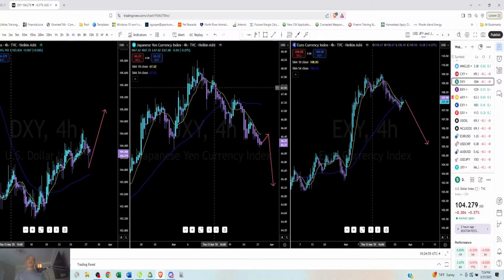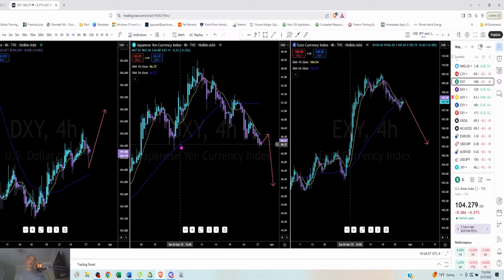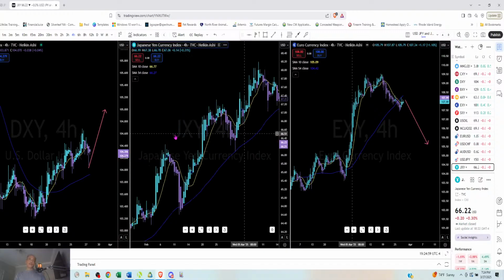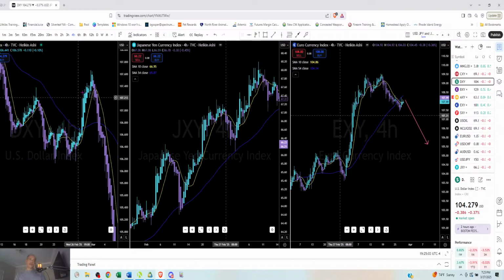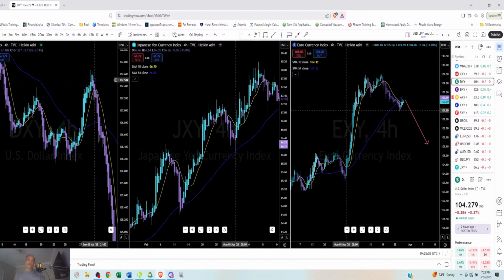Okay, so you just want that divergence where you've got one. Let's see if we can find one again. I know I did this last night. Here's one right here. Okay, so you've got the dollar index trading down.